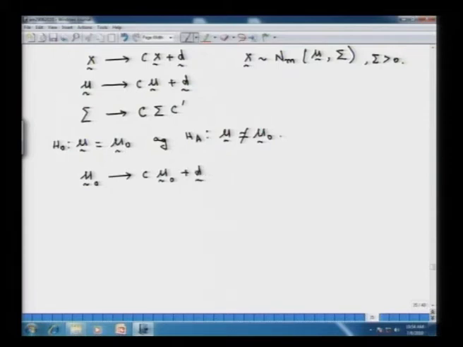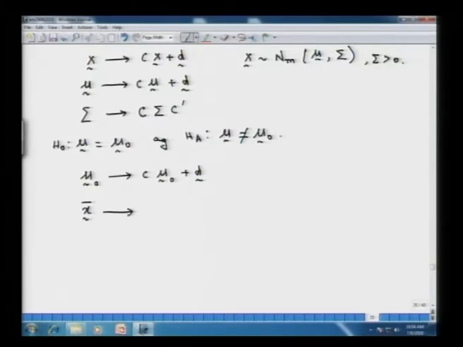Now when we have such transformations in place, what happens to x bar? Now x bar is the sample mean vector obtained from x1, x2, xn, the data.